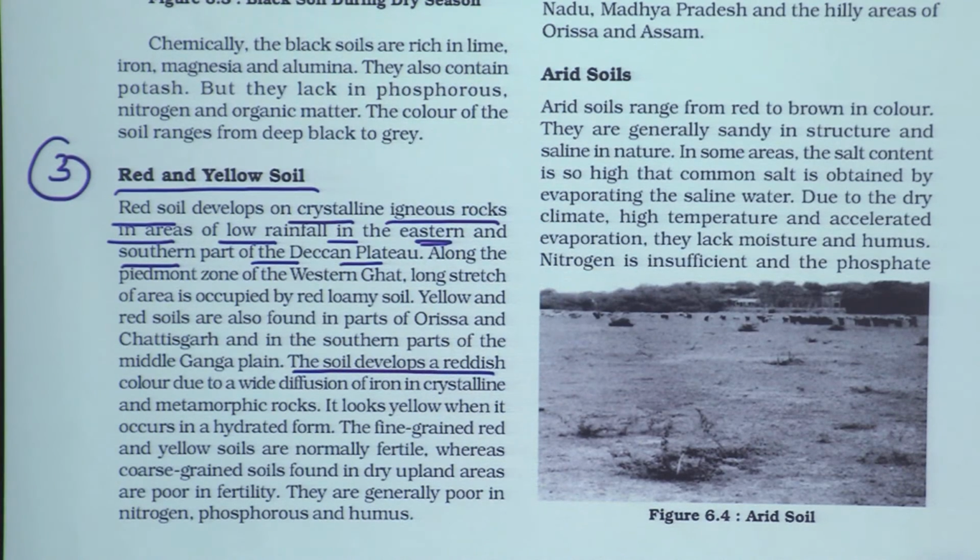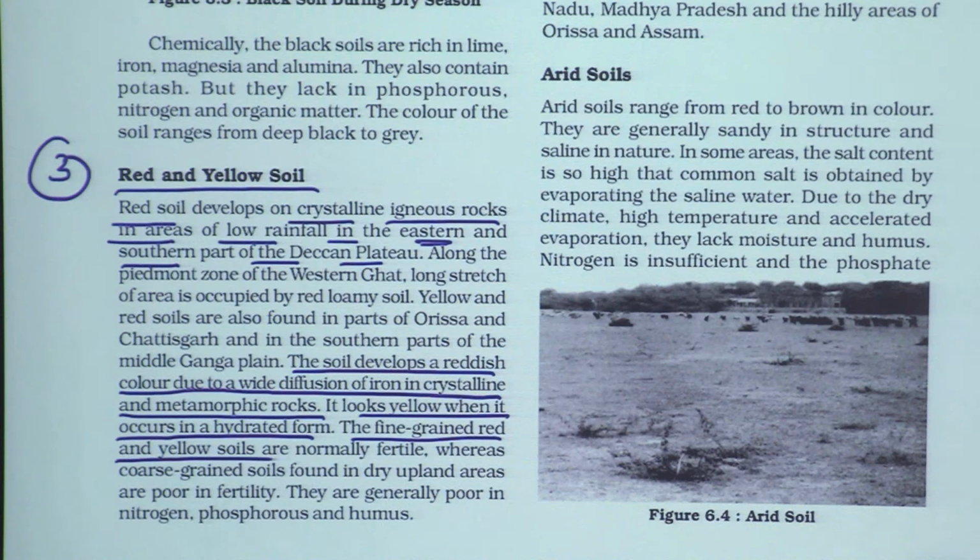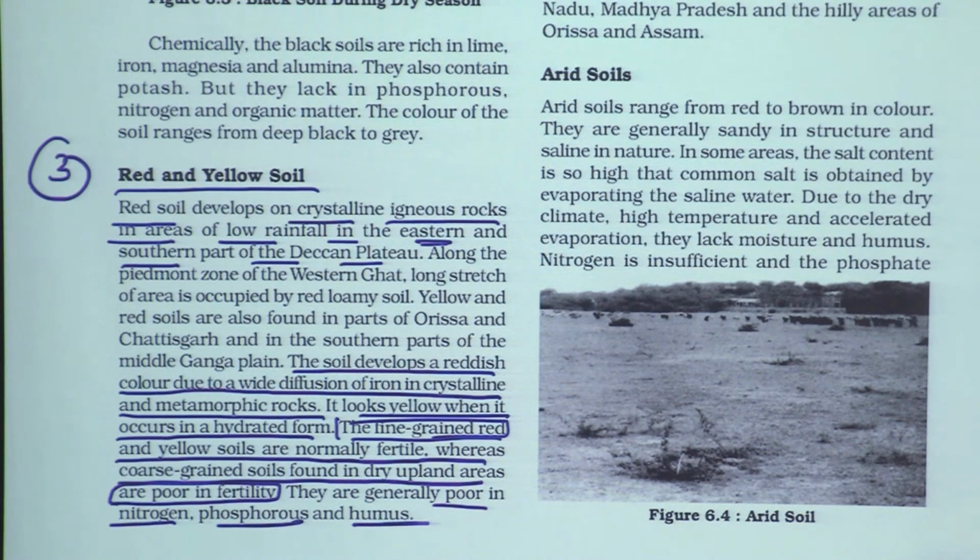The soil develops a reddish color due to wide diffusion of iron in crystalline and metamorphic rocks. It looks yellow when it occurs in the hydrated form. The fine grained red yellow soils are normally fertile, whereas coarse grained soils found in upland dry areas are poor in fertility. So, it is basically a mixed variety. They are generally poor in nitrogen, phosphorus and humus.